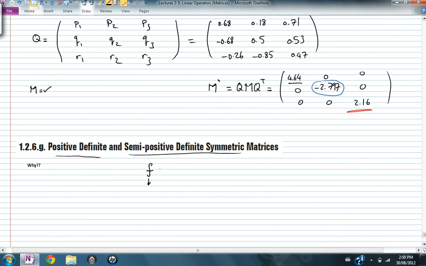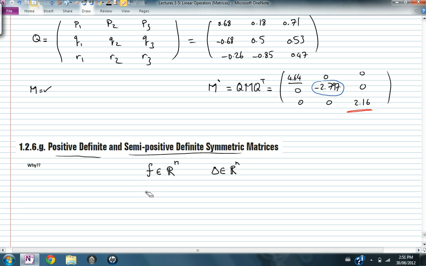So I'm going to say that this force vector belongs to an n-dimensional Euclidean vector space, and this force vector produces a displacement vector in an n-dimensional vector space.